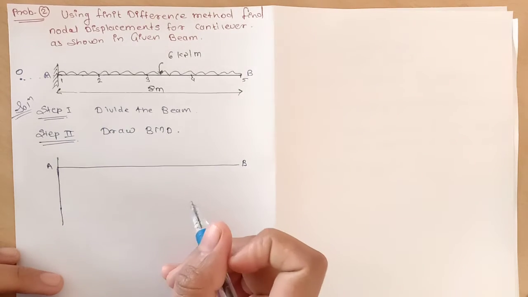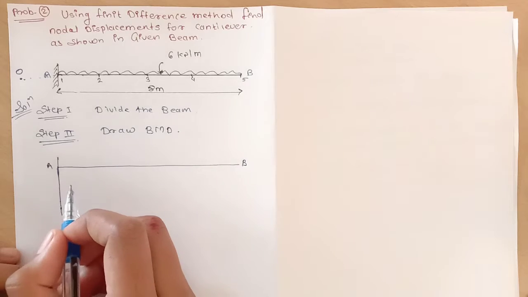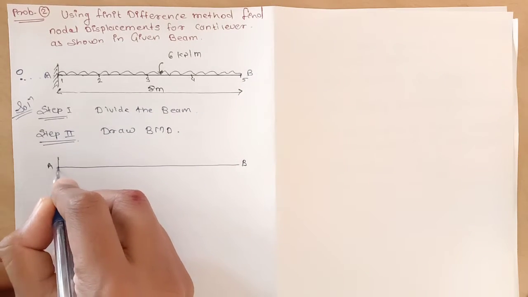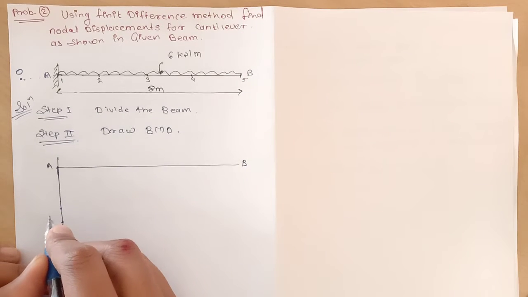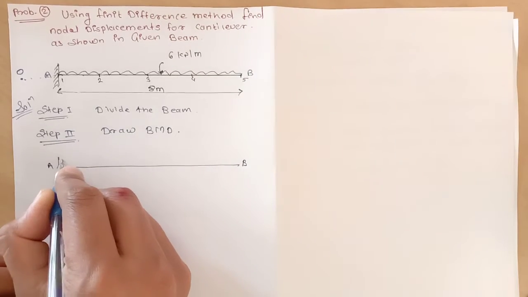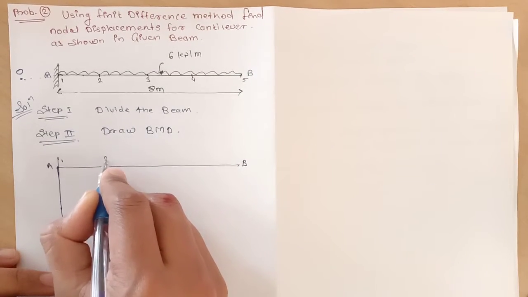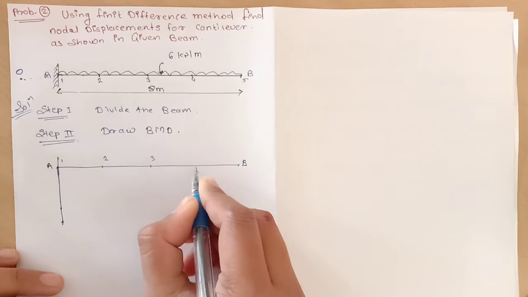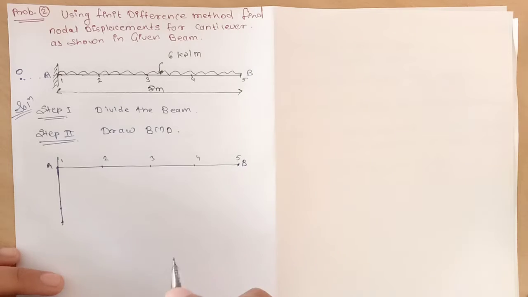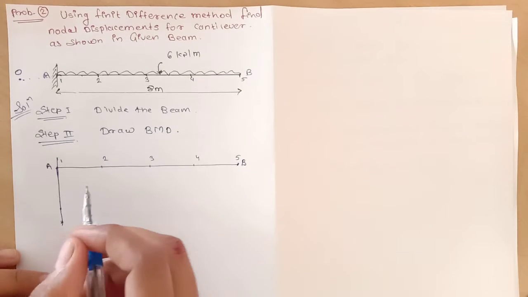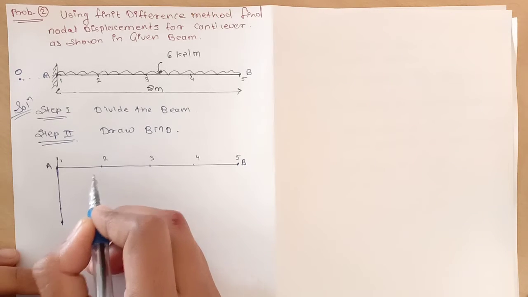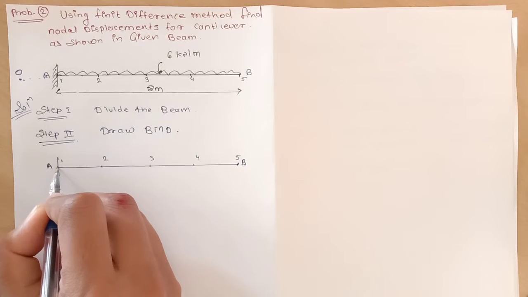Bending moment diagram means, for the total load, take moment at point A. Here the node points are 1, 2, 3, 4, and over the B point the node point is 5. Then take moment at node 1.